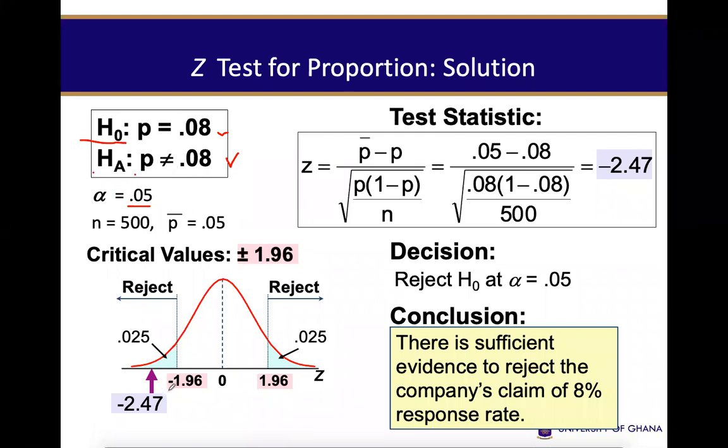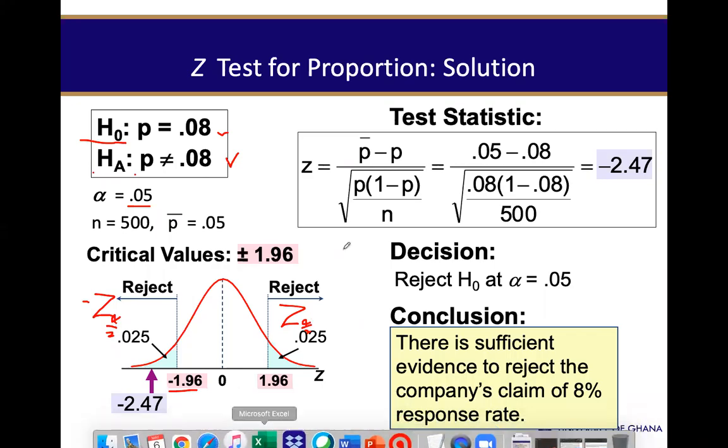So the critical value will be minus Z alpha over 2 on the left side, and then of course we have Z alpha over 2 on the right side.